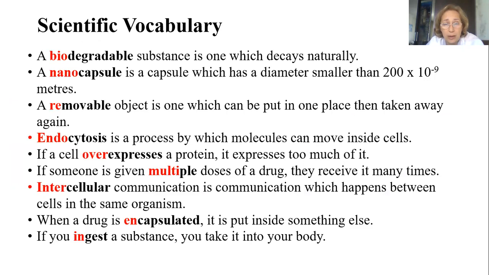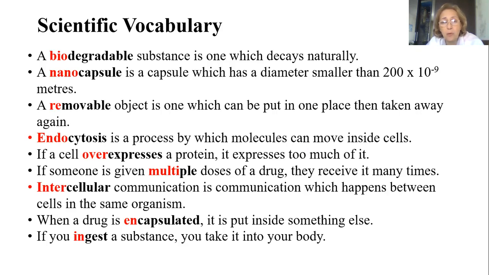Okay. So here are the answers, actually. So we were right about this, biodegradable. This is about decaying naturally. Nanocapsule, this is small in diameter. Removable, which can be put in one place and then taken away again. Endocytosis is inside the cells, внутриклеточные.